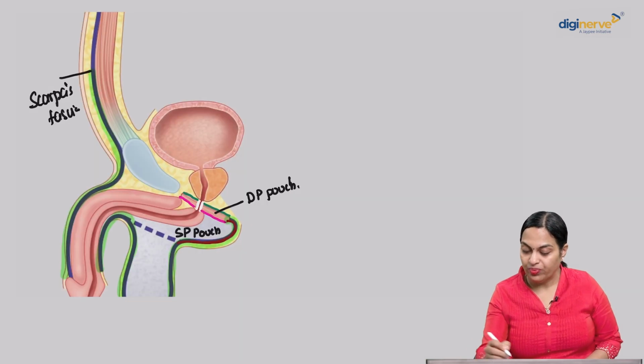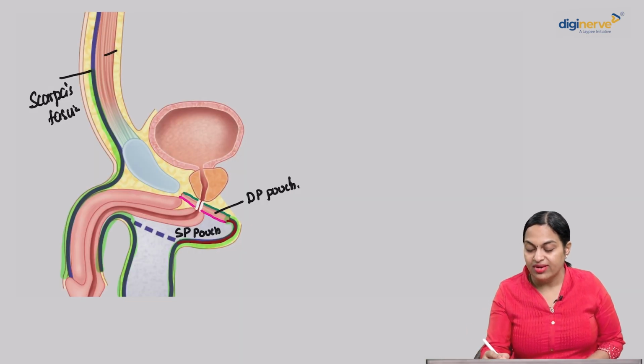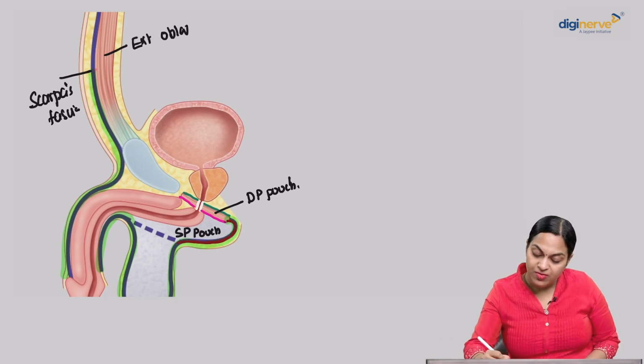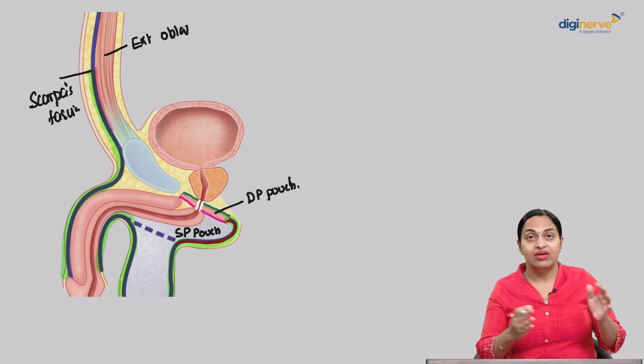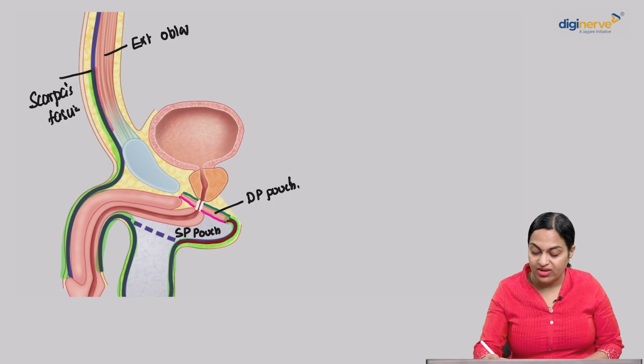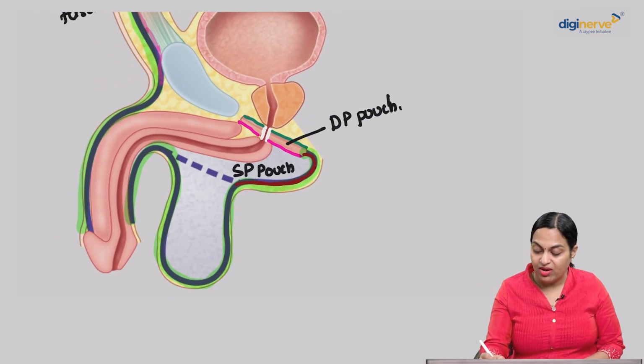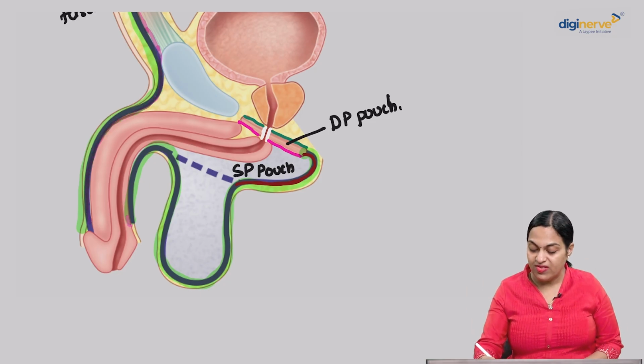Why so? What you see here is the external oblique muscle and aponeurosis, right? This space that you see between the Scarpa's fascia and the external oblique that lies beneath it is called the superficial inguinal space. This space becomes continuous with the space around the penis, around the scrotum, and also with the superficial perineal pouch.